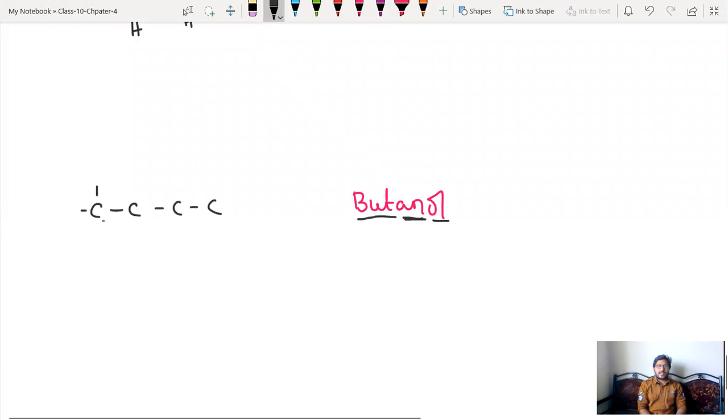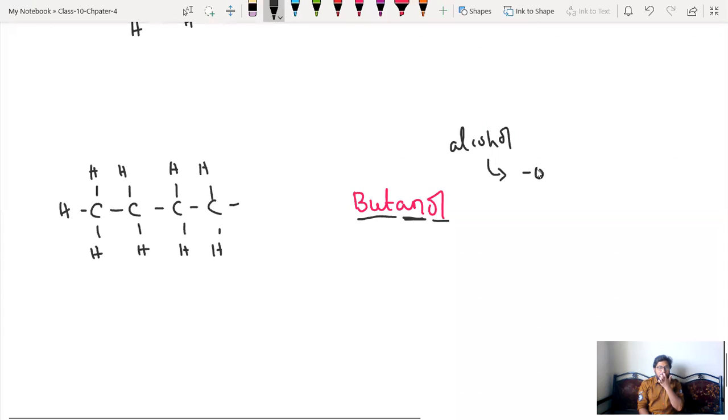Next, carbons as usual should be satisfied with 4 valencies. Okay, what we can do? Draw all hydrogens except one. Leave one space. One bond you can leave. Now what is that last? OL. OL stands for alcohol. So what is the functional group of alcohol? Bond OH. Already the bond is present, draw OH, done.